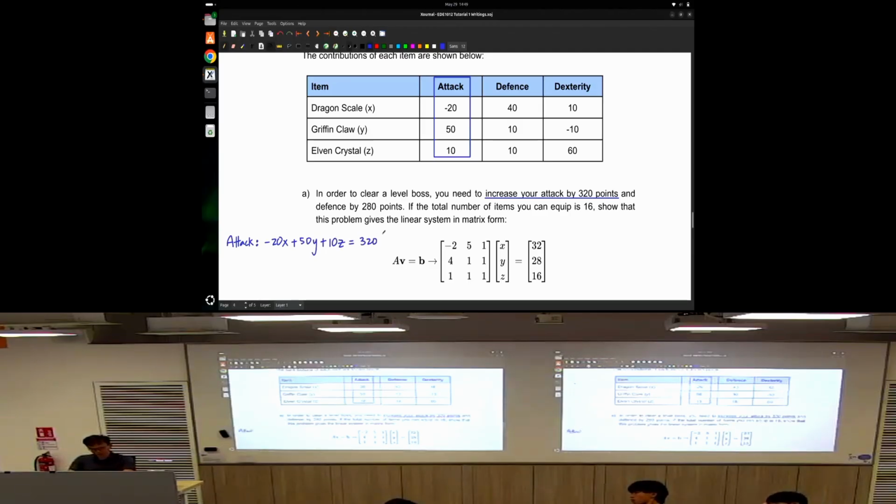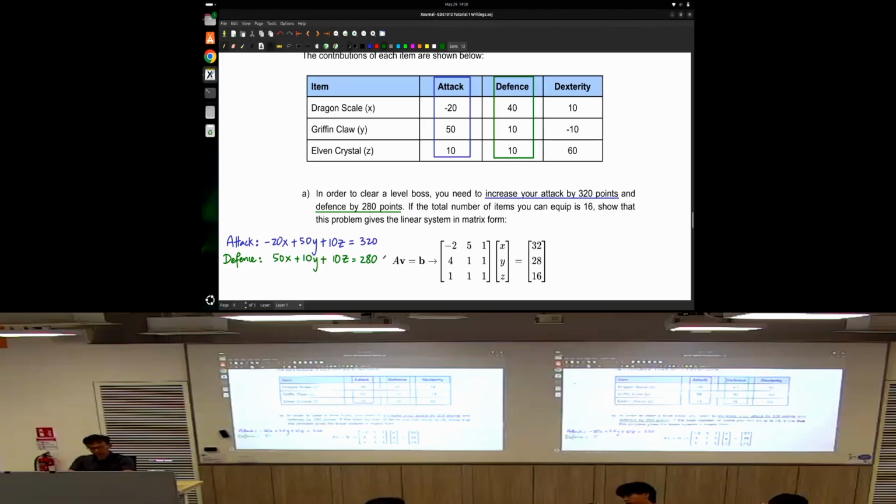So this will be your first row. Next up will be your defense, because they also say that you have to up your defense by 280 points. So that will give you your second row: 40x plus 10y plus 10z equals to 280.